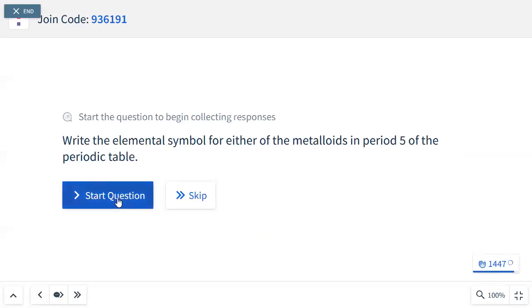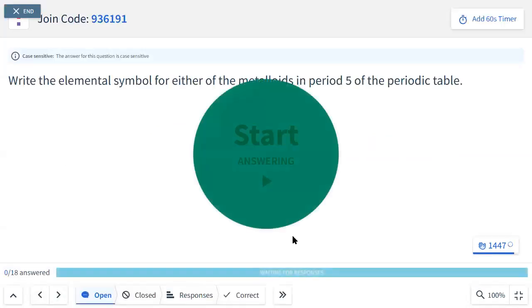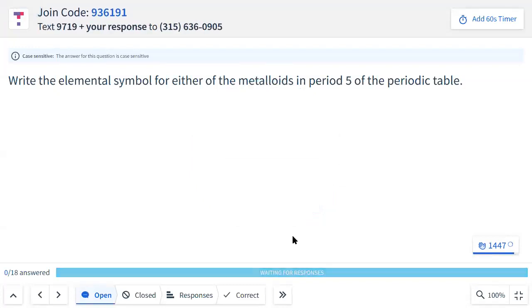All right, one more here. Write the elemental symbol for either of the metalloids in period 5. So there are 2 possible correct answers here. I just need one of them.